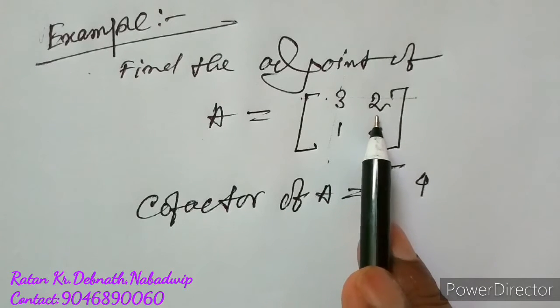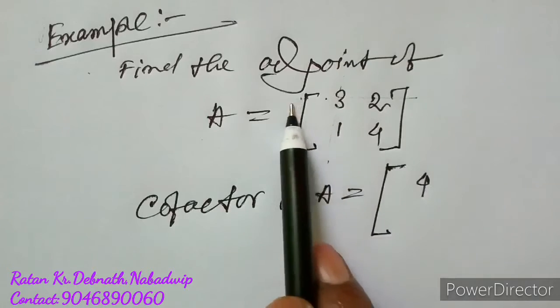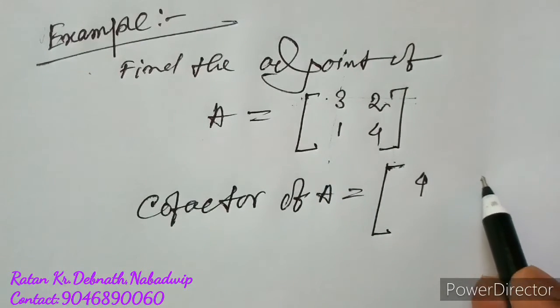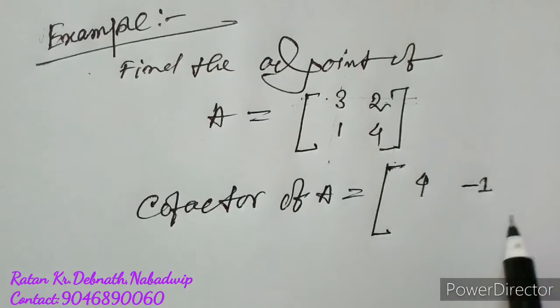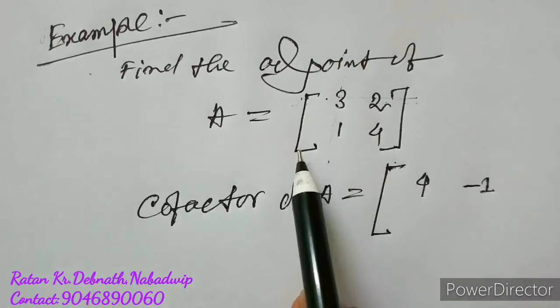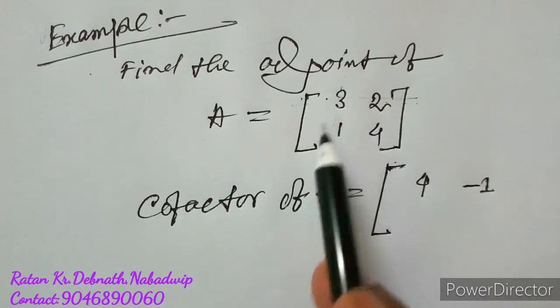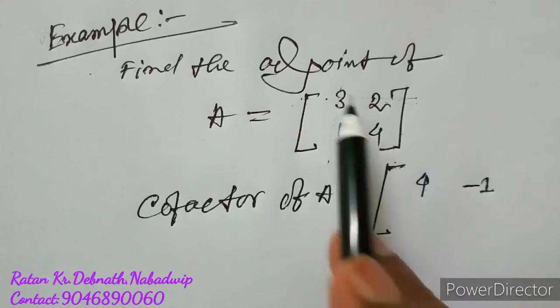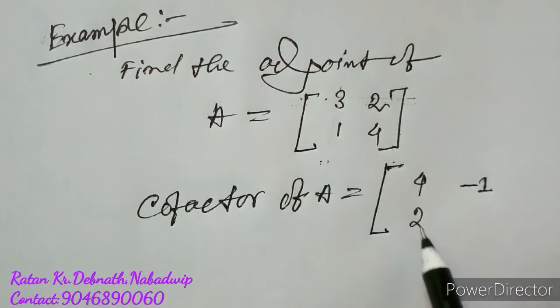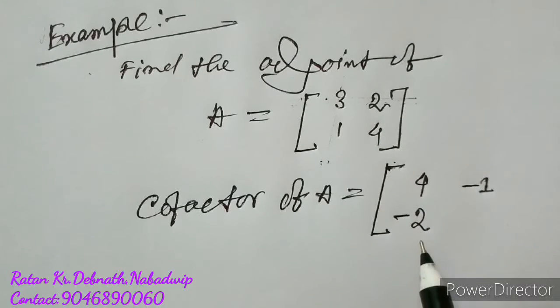Cofactor of 2, suppress this row, this column, 1. Sign of the position of the second element of the first row is negative, so it will be -1. Cofactor of 1 equals to this row suppress, this column suppress, 2, and positional sign is negative, so -2.